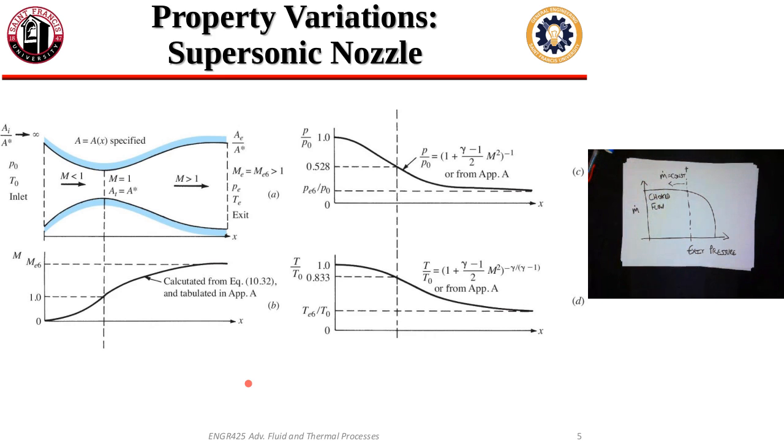You simply cannot make the engine go any faster because the mass flow rate is fixed by sonic conditions at the throat. You might think of down here, the throat is subsonic.